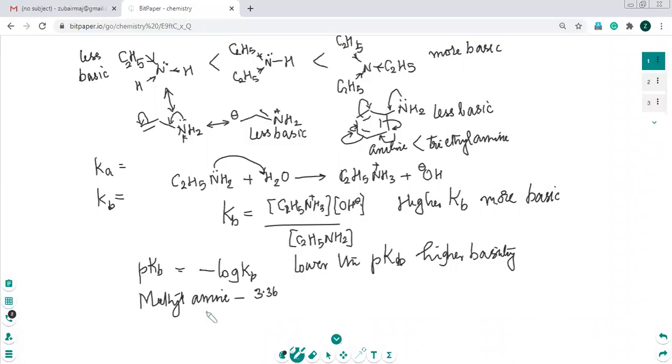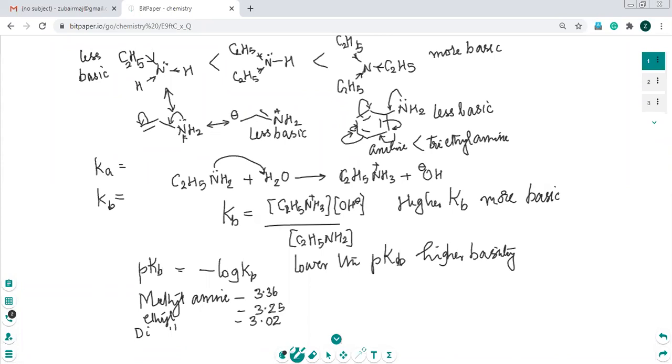Ethylamine is 3.25, which is a smaller value, so it is more basic. Diethylamine is 3.02, it is still smaller.